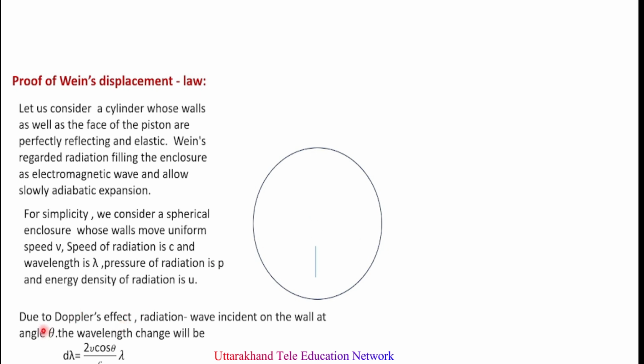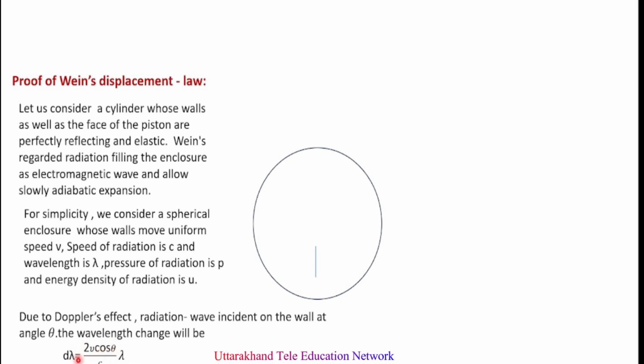Now we can see that due to the Doppler effect, the radiation wave is incident on the wall at angle theta. When our radiation is incident on this wall at angle theta, the change of wavelength d lambda will be 2 nu cos theta upon c, into lambda. We find this expression using the Doppler effect relation.